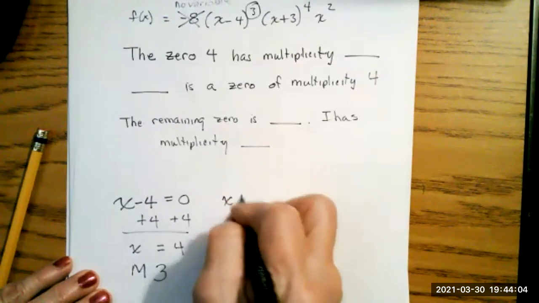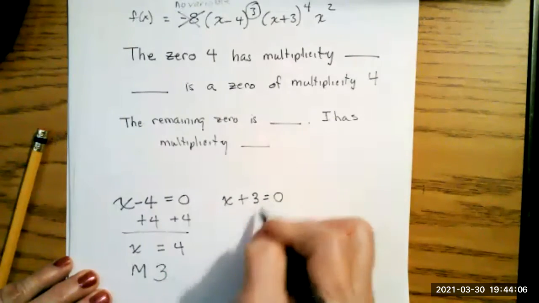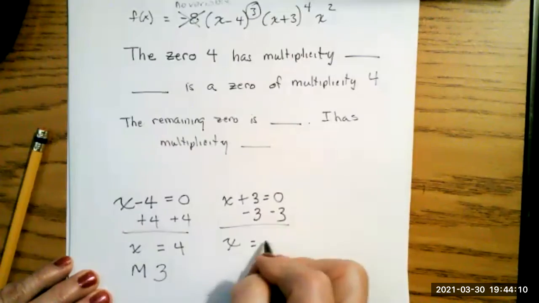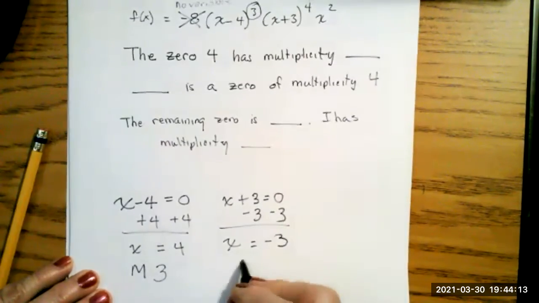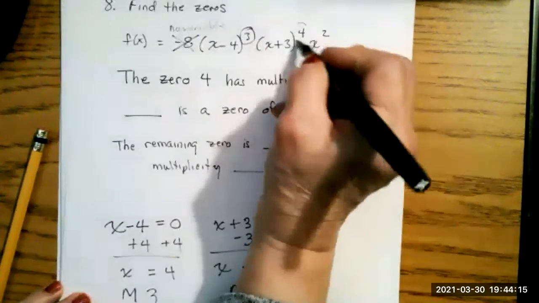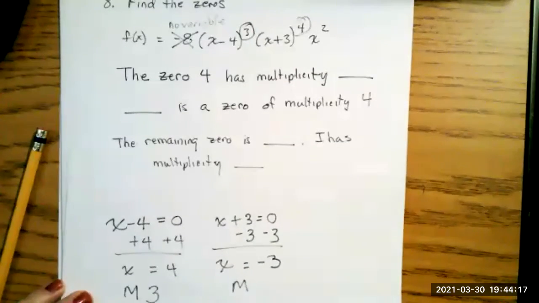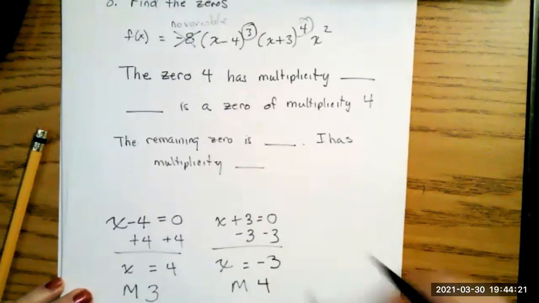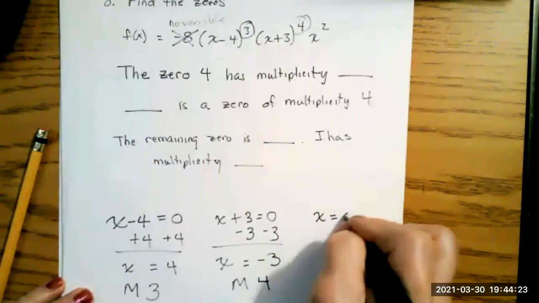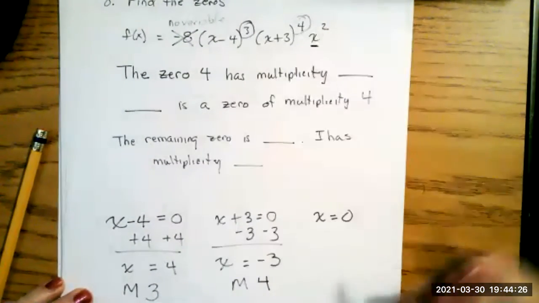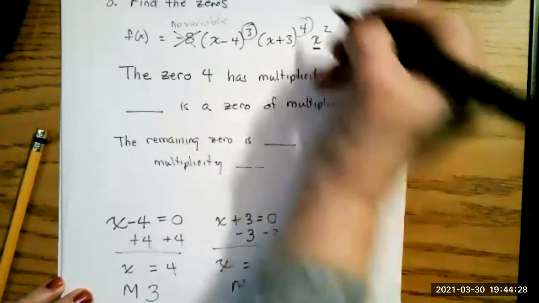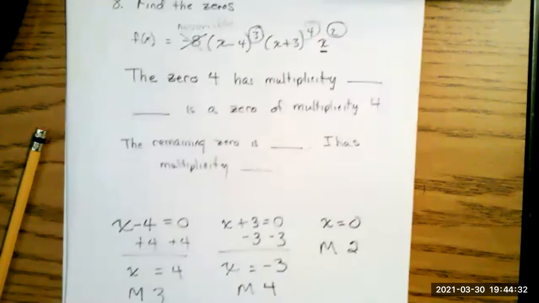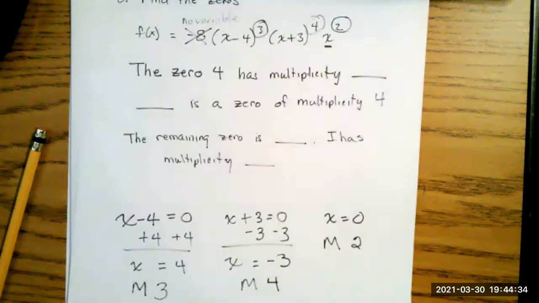Then you have an x plus 3 equals 0. Subtract 3, and you get x equals negative 3. And the multiplicity on this one is 4. And then you have x equals 0 from this one. And the multiplicity is the exponent, which is 2. So now we're ready to fill in the blank.